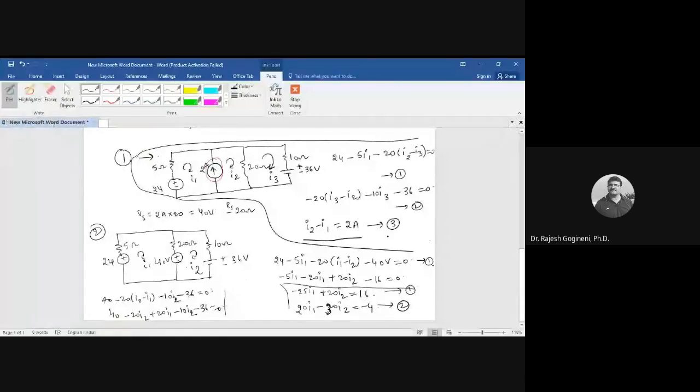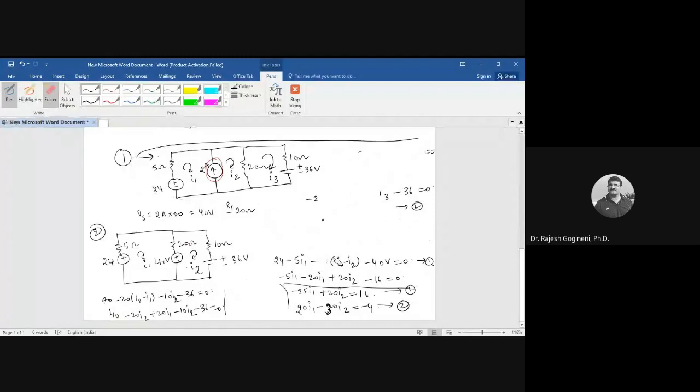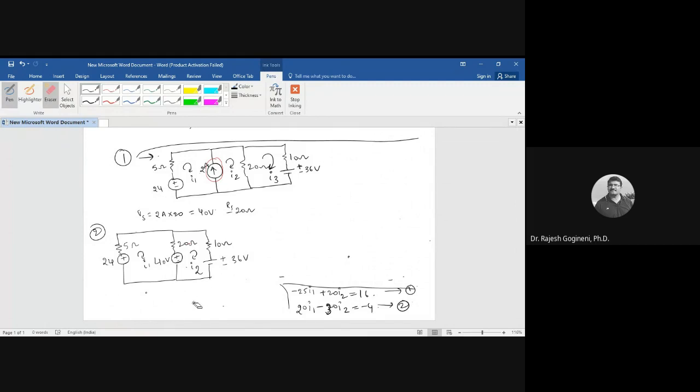Right? Now solve the two equations. We have only two equations in this case, because we have applied the source transformation technique. So it is further simplified. We got only two equations. Minus 25I1 plus 20I2 is equal to 16.